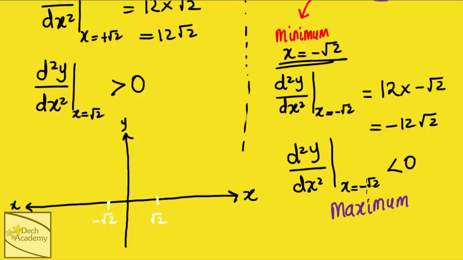At the stationary point at minus root 2 we have a maximum, and at the other stationary point when x is root 2, what we have is a minimum. So the function I gave originally will have a sketch that looks something like this.